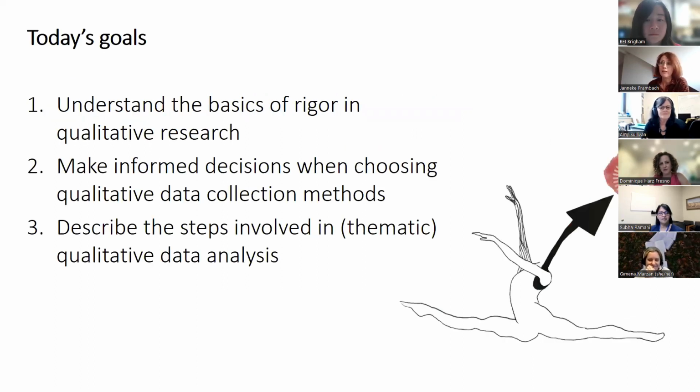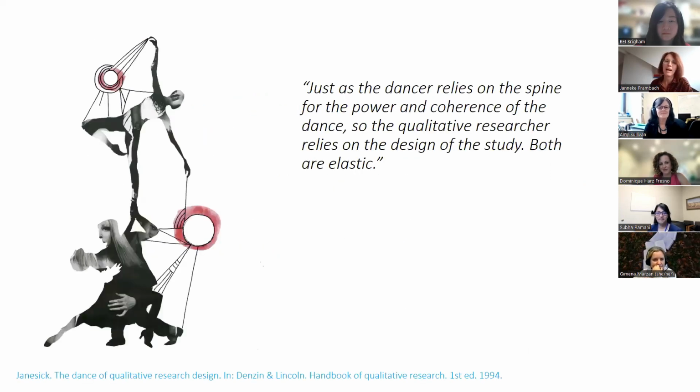So we went through rigor, data collection, and data analysis very quickly. I think I could talk about each of these three things for a week, probably. But let's leave that for another course, perhaps. I just want to come back quickly to the quote from the beginning about the elasticity of a qualitative design, that maybe matches also with session 1, where you choose a certain approach, and here also you choose a certain data collection method like interviewing, or you do thematic analysis.